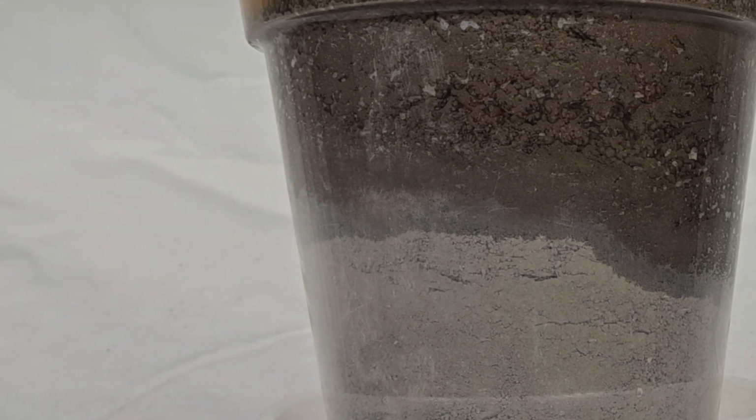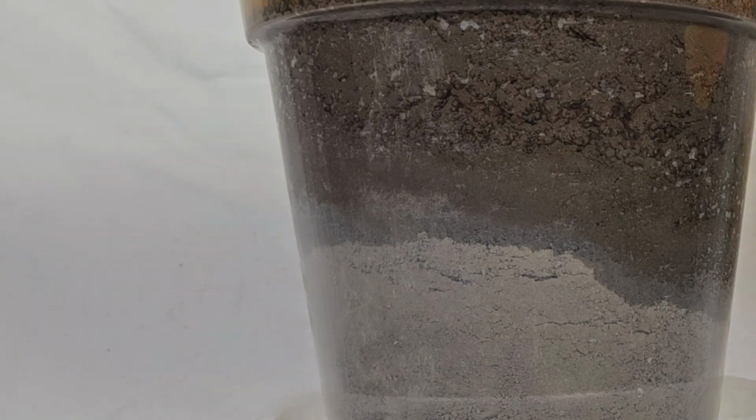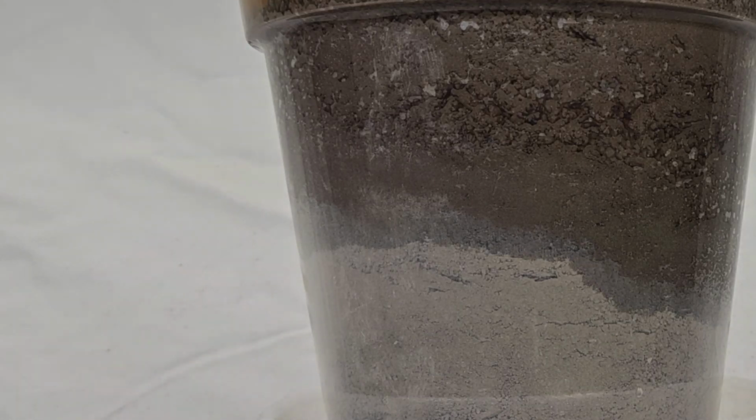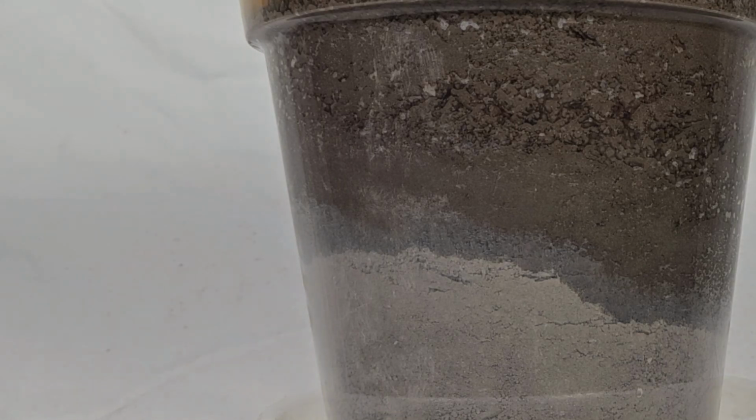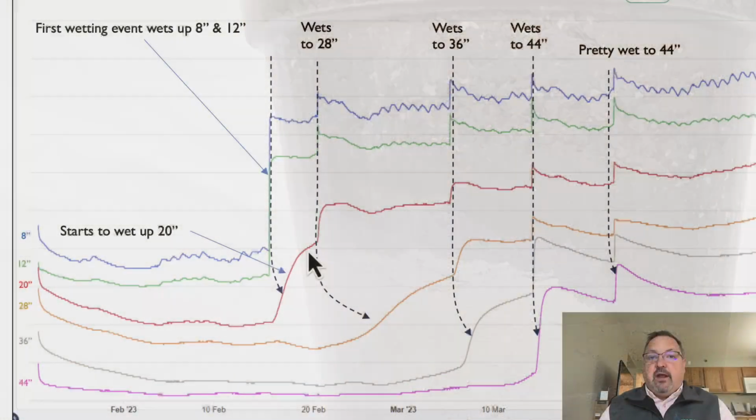That wetting front is priceless. You want to be able to see a wetting front every time you irrigate at some level in the profile. Why? Because it indicates that you've removed enough moisture from the profile that you can see another wetting front starting to happen. You want to be able to see these wetting fronts on occasion. It's just going to depend on where in the profile you want to see a wetting front.